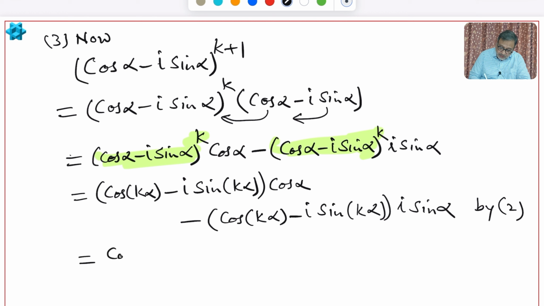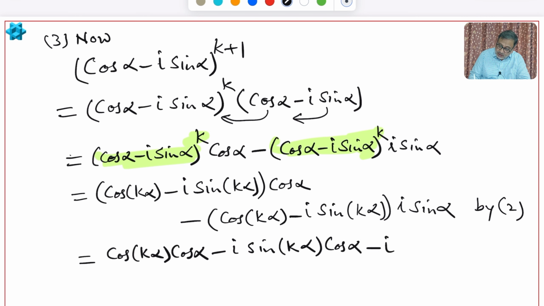Cos k alpha into cos alpha, minus I sin k alpha into cos alpha, then minus I with this, look here, this with this will be minus cos k alpha into sin alpha, and I wrote in the beginning. And the final thing, this with this, and minus will be plus.